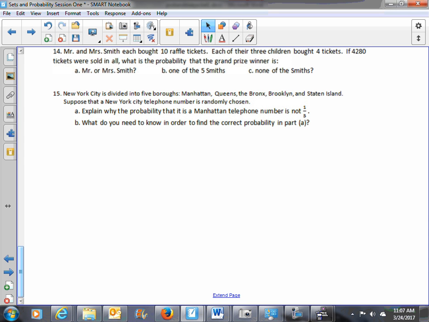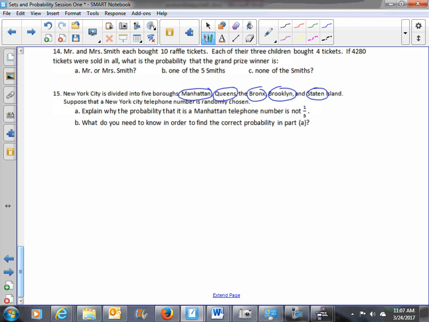Well, see, if we select a number randomly, then the probability that one is chosen is 1 over the total number of telephone numbers. Now, the total number of telephone numbers would be the sum of the telephone numbers in Manhattan and in Queens and in the Bronx and Brooklyn and Staten Island.